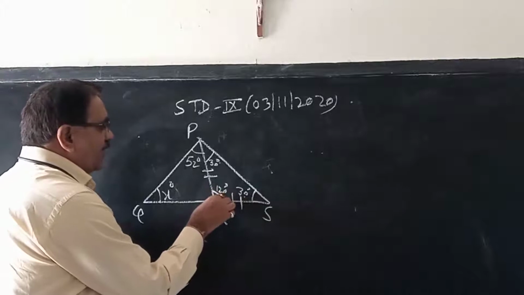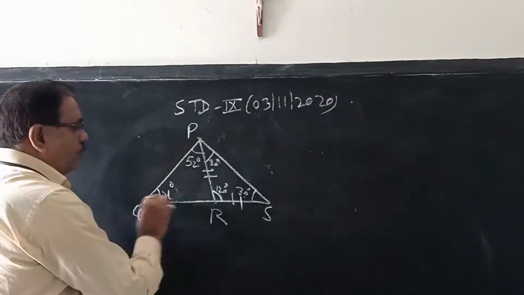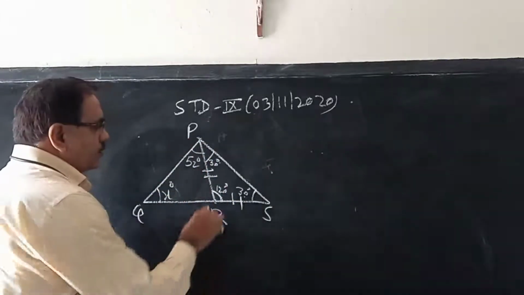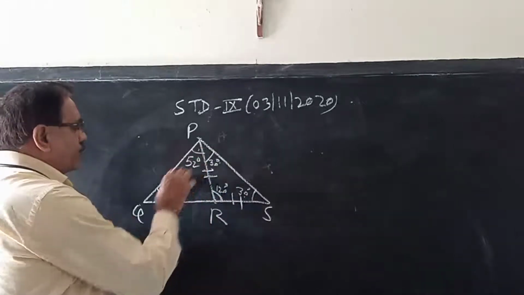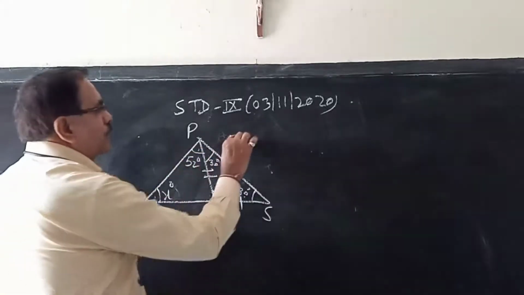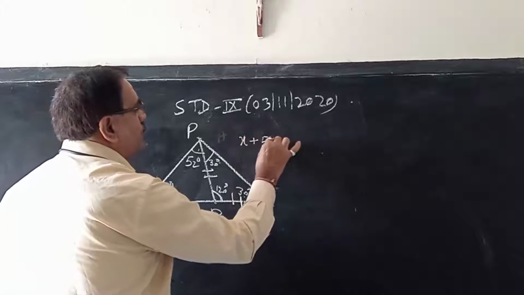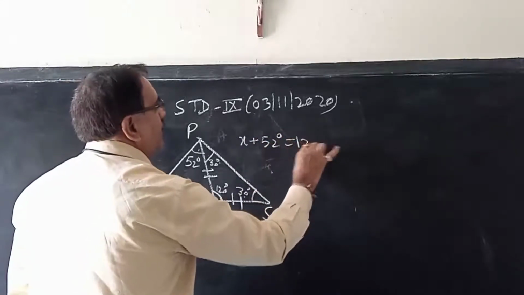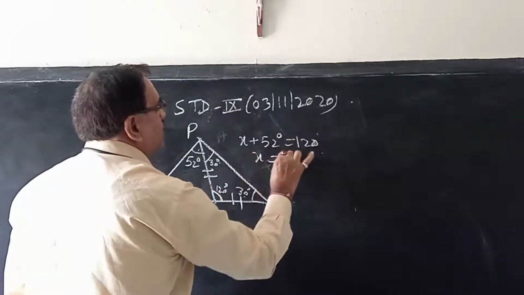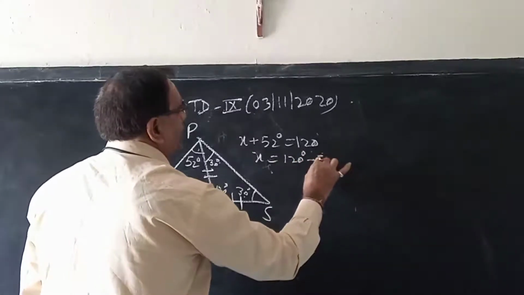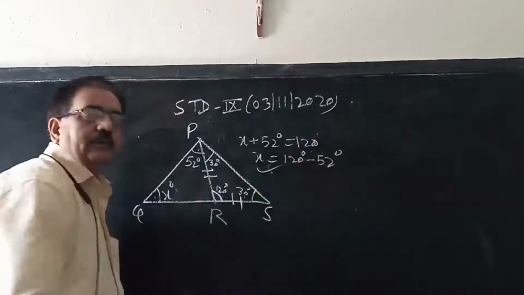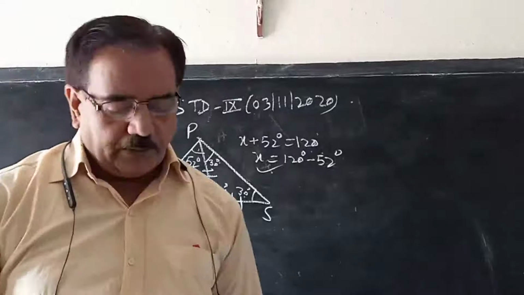This is the exterior angle for this triangle PQR. The exterior angle will be equal to the sum of the opposite interior angles. So, x plus 52 degrees is equal to 120 degrees. So, x is equal to 120 degrees minus 52, that will give x. Do you follow, sir?